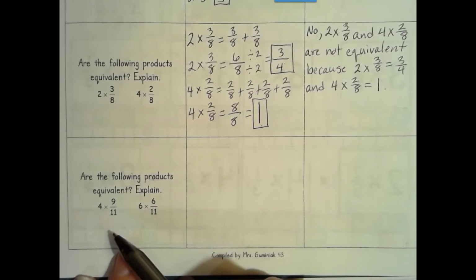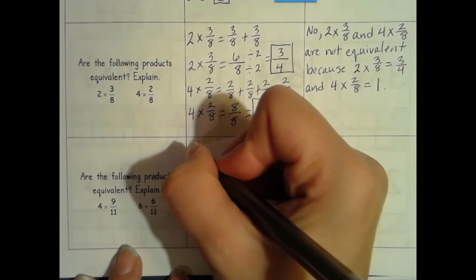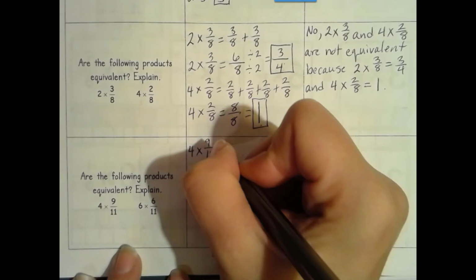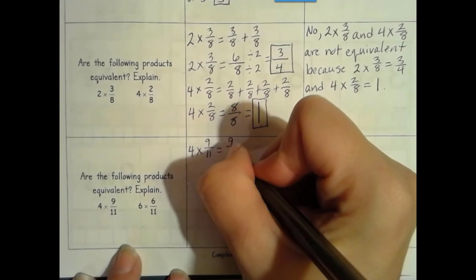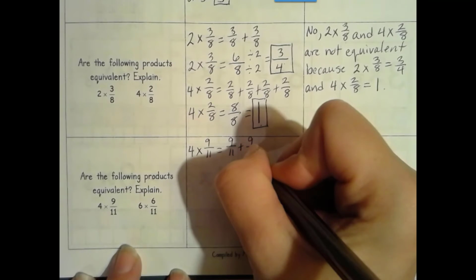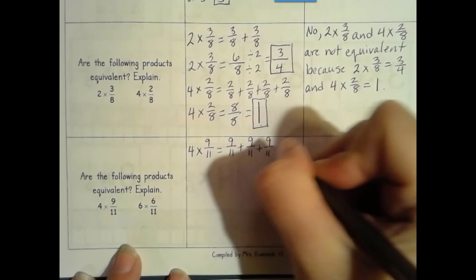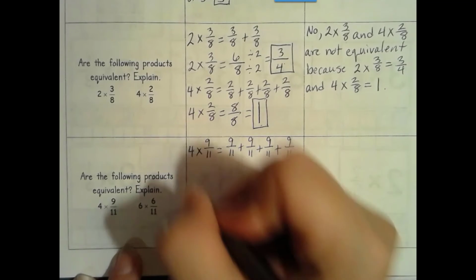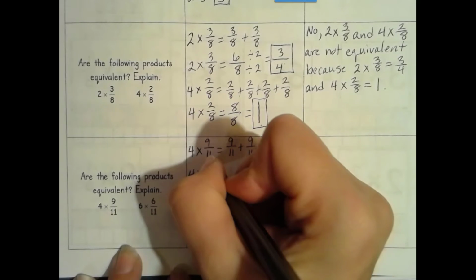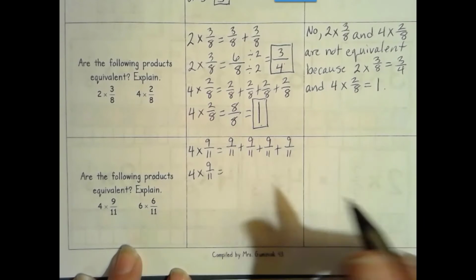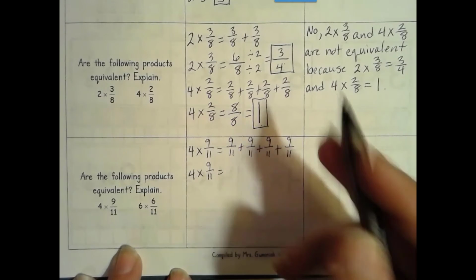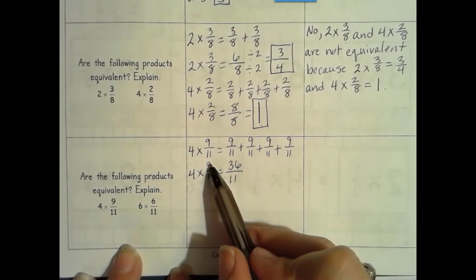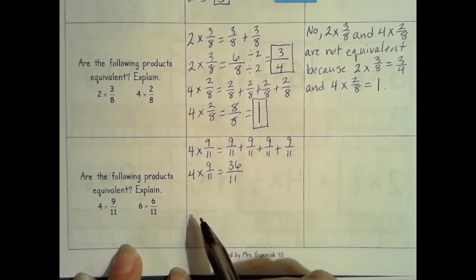Okay, last one here that we're looking at. 4 groups of 9/11. So there's 1, 2, 3, 4 being joined together. So 4 groups of 9/11, 9, 18, 27, 36 elevenths. 4 times 9 is 36.